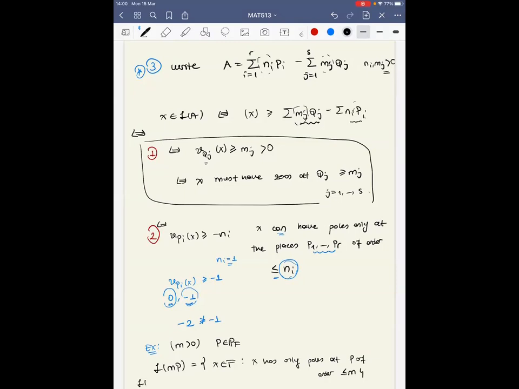For instance, in the rational function field, L of 2P infinity contains functions that have poles at P infinity of order at most 2.